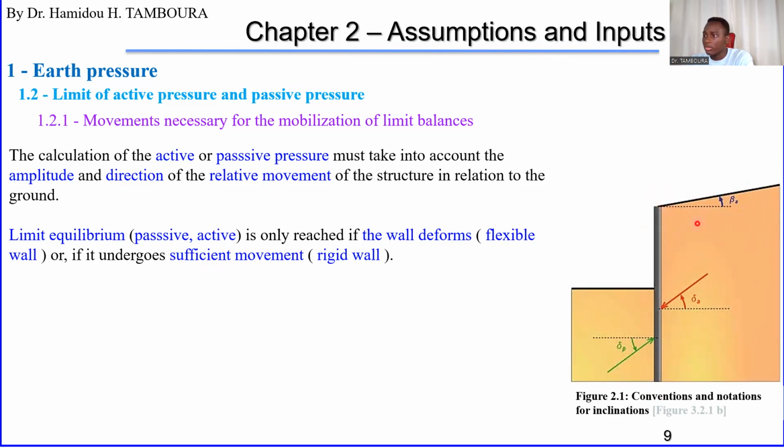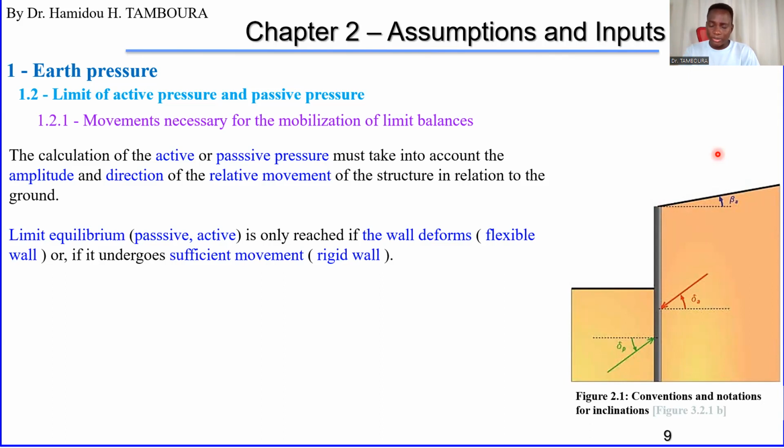Let's take the example of clay. If you want to dig a hole of 1 meter diameter, for example, in the clay, and the cohesion is high, you can dig vertically without even a retaining wall, and it will not fall.